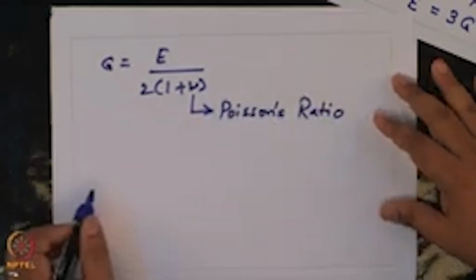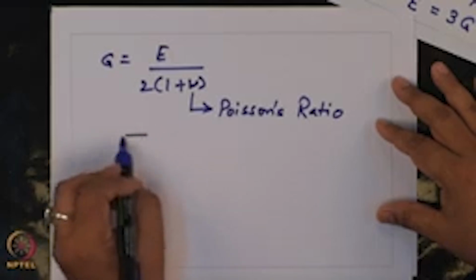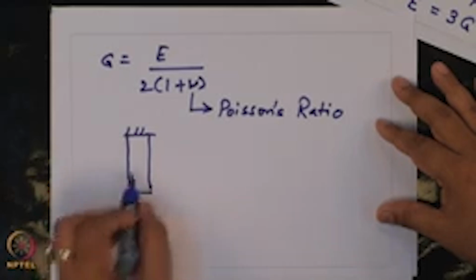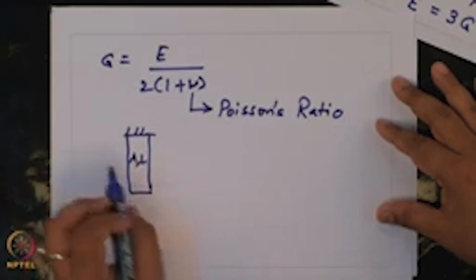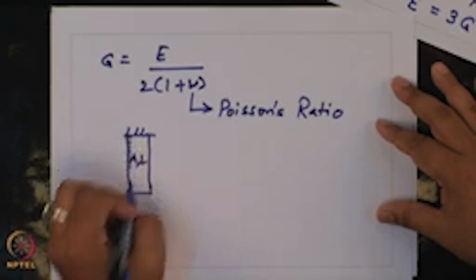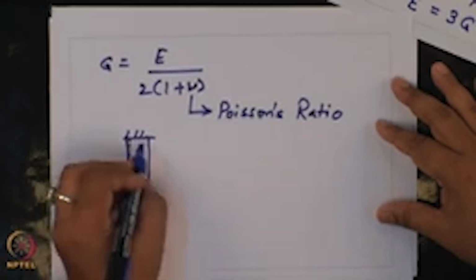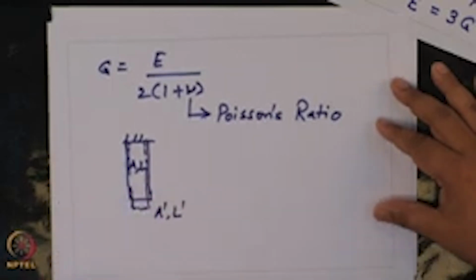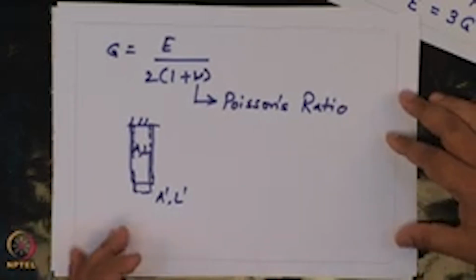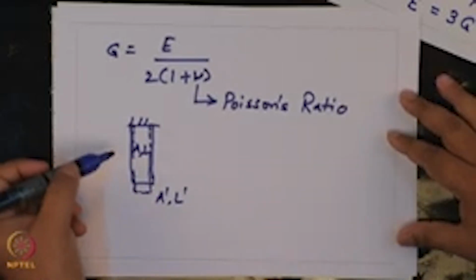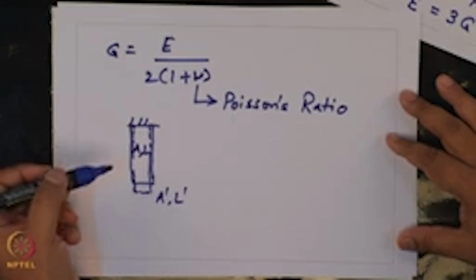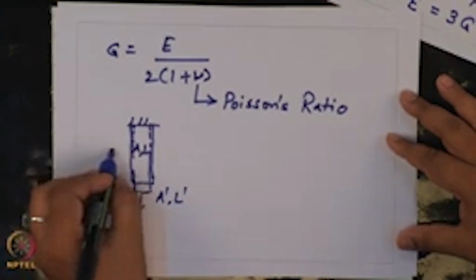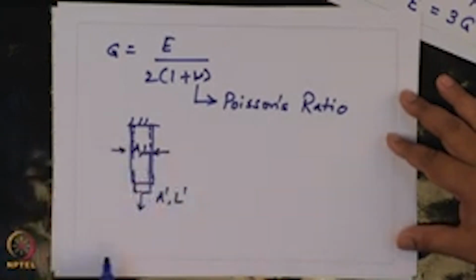And what is Poisson's ratio? For example, if you take this example, you had gone from this area A and length L to, let us say, area A prime and length L prime. Okay. So, Poisson's ratio is given by lateral strain by longitudinal strain. So, when you pull something along this axis, then it will get compressed in a perpendicular axis. Okay.